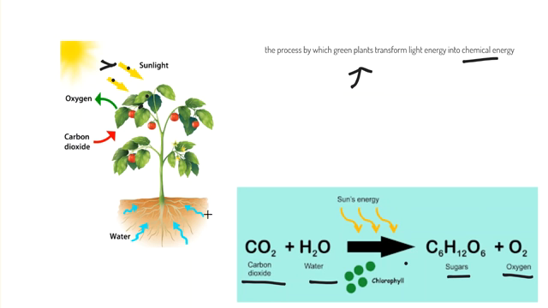This equation is extremely important, as it describes the different factors in the process of photosynthesis: the plant needs carbon dioxide to perform photosynthesis, and oxygen along with sugars comes as a byproduct.